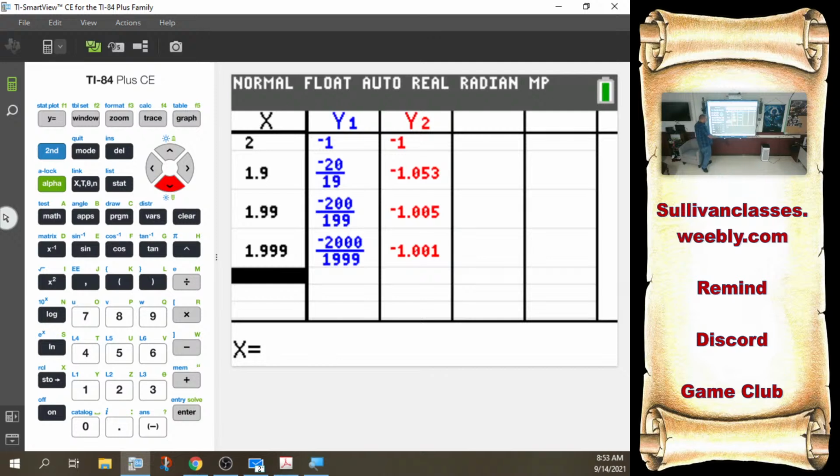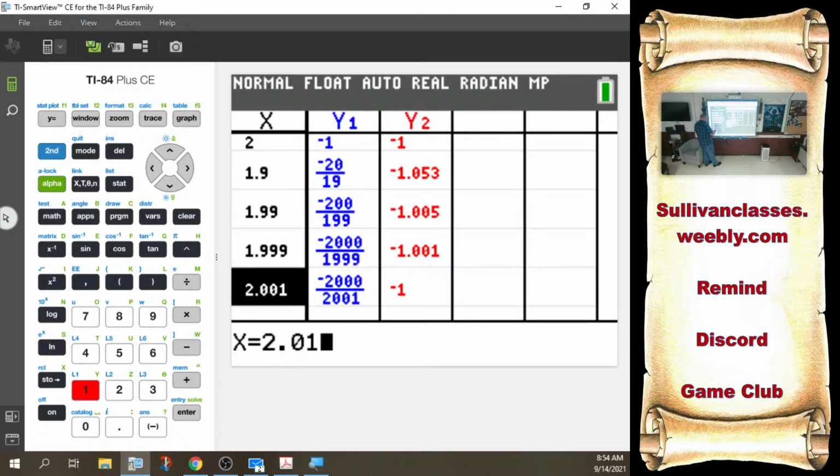What if I go to 2.001? What if I go to 2.01? I said point, Frank. What if I go to 2.1? There you go.